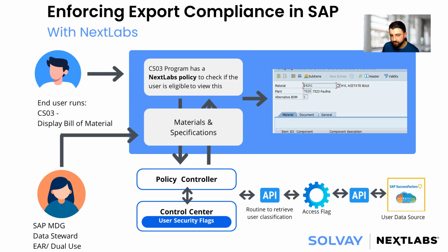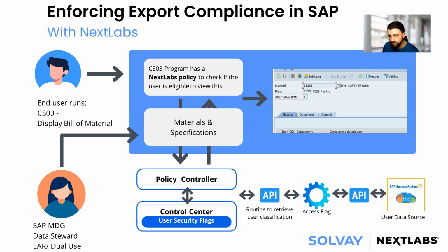So the information coming to the control center will be, in our case, the material classification, not the material code, that the user is trying to access. For example, let's say this user is trying to access a European dual-use material. There will be a classification for this material, and this information will be sent to the policy controller.